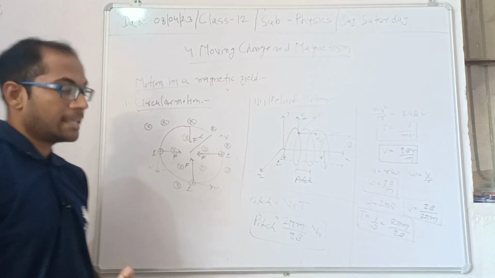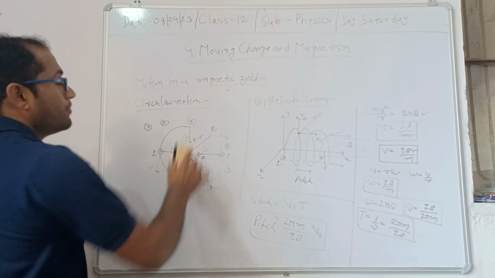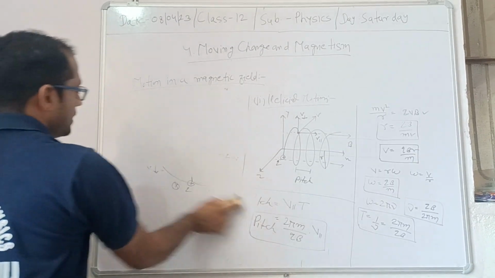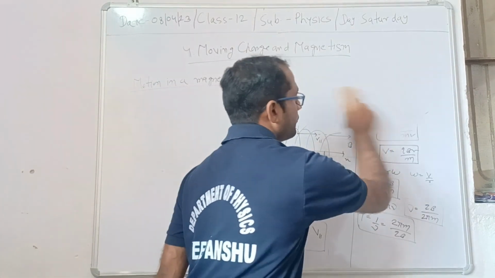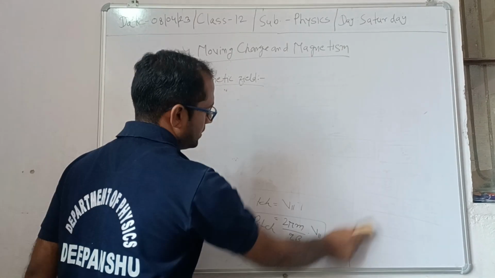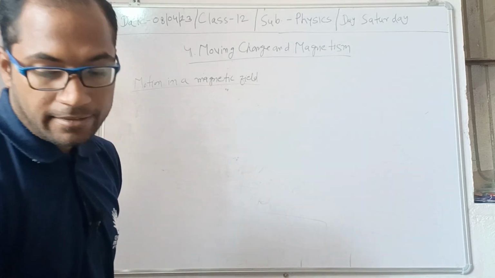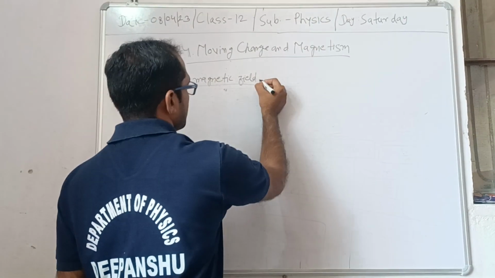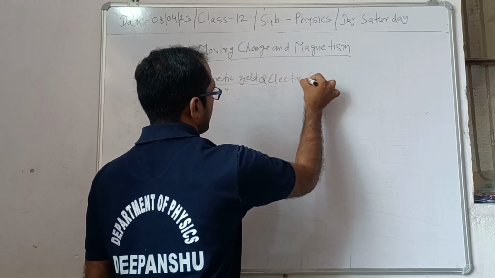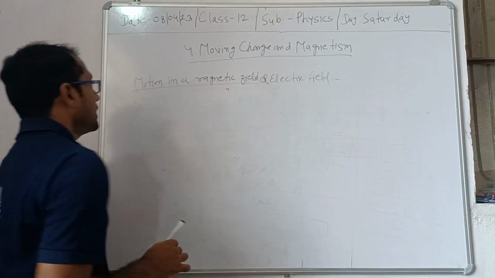Then we discuss motion in a magnetic and electric field. In that case, we discuss what happens if both fields are present at the same time and place.